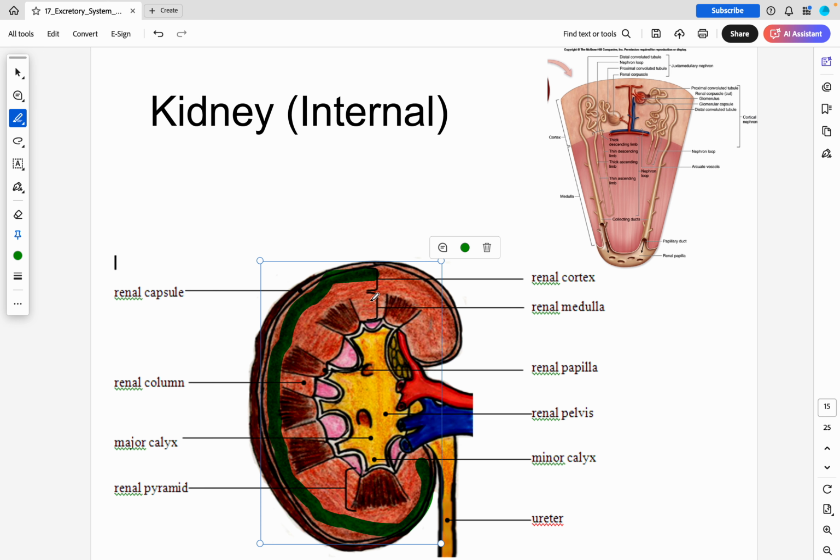The renal pelvis is a cavity that serves as a catch basin where urine is collected, and eventually urine is transported from the renal pelvis down to the ureter, where it can be expelled later during urination.